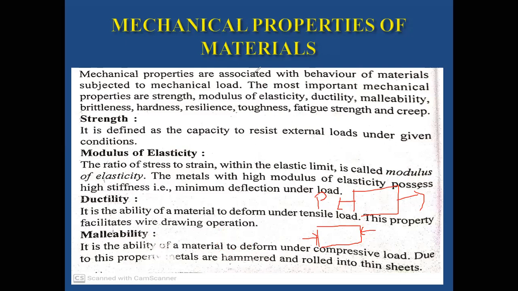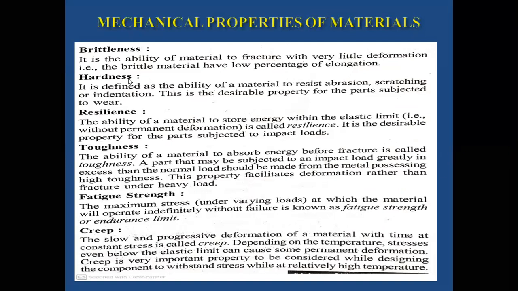And the next, brittleness, is the property of a material like glass. Brittleness is fracture with very little deformation, which does not allow heavy deformation; within a 1 mm change, there may be a chance of fracture. Okay, low percentage of elongation.